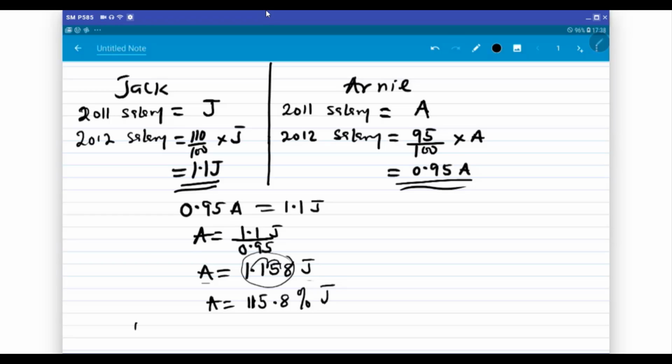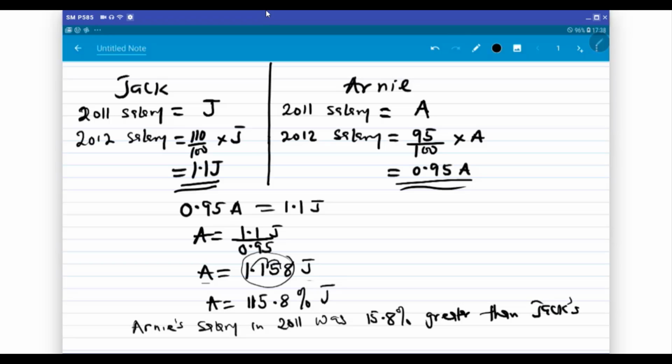This implies that Annie's salary in 2011 was 15.8% greater than Jack's salary.